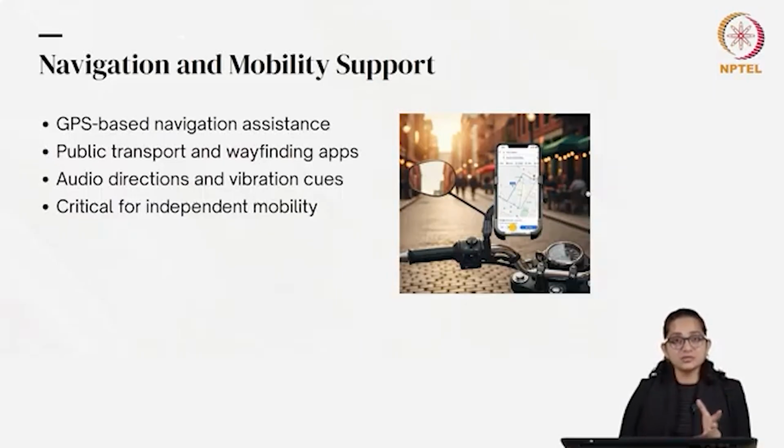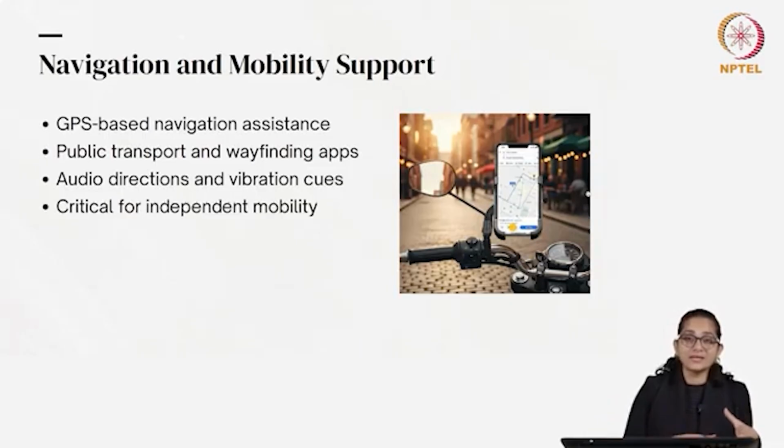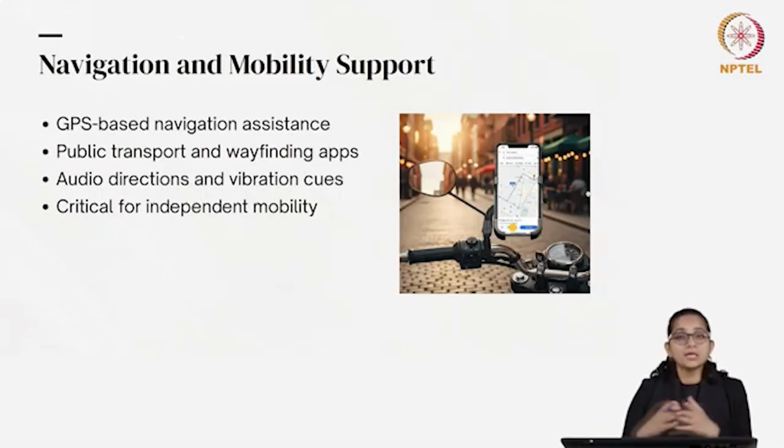And it is very critical for independent mobility, because if somebody has one kind of sensory deprivation, somebody is hard of hearing, they can rely on the visual or the vibrotactile feedback. If somebody has low vision or visual impairment, they can rely on the audio and vibrotactile feedback.